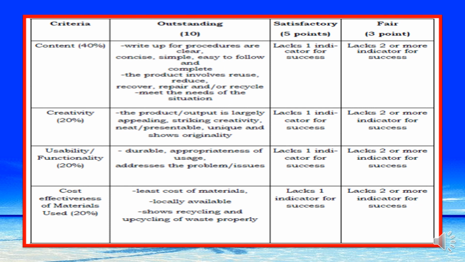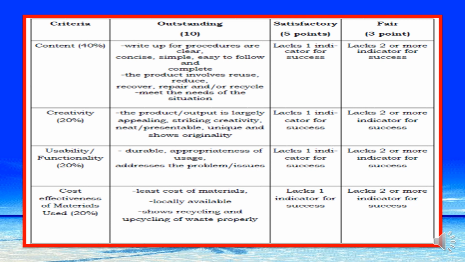And this is the criteria. So we have the content, 40%, creativity, 20%, usability and functionality, 20%, and cost effectiveness of materials used, 20%. So for a total of 100%. So you will get outstanding for 10 points if the content, the procedures are clear, concise, simple, easy to follow, and complete. The product involves reuse, reduce, recover, repair, and recycle, and meets the needs of the situation.